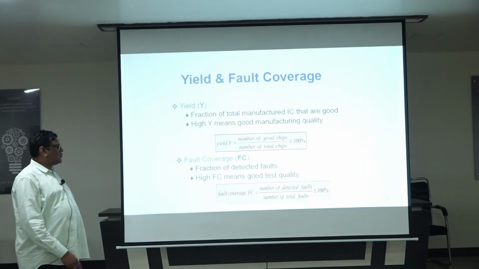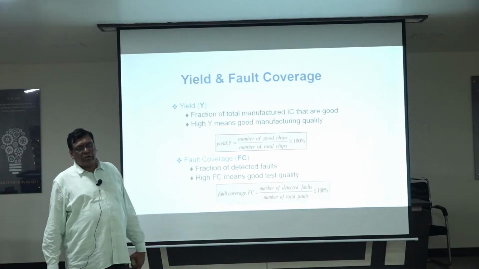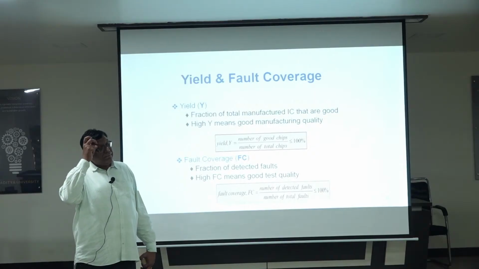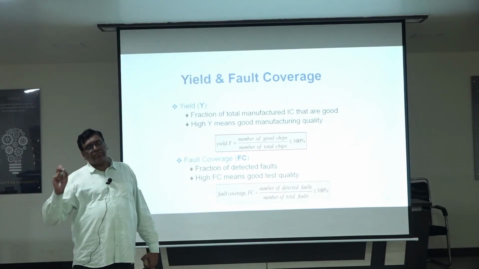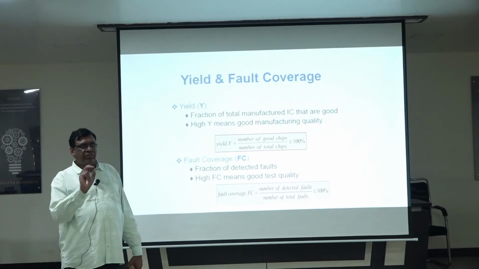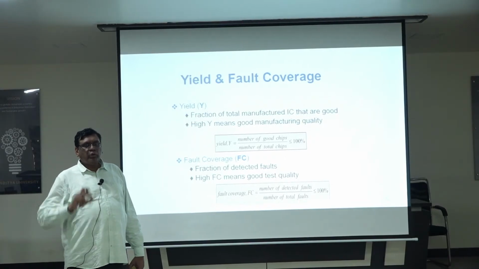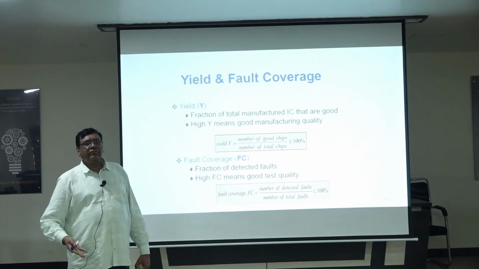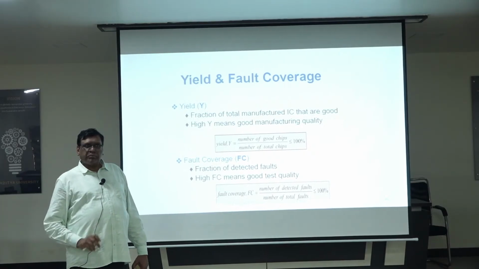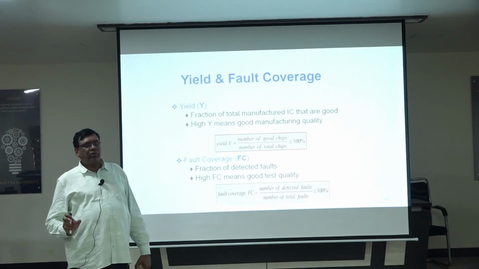Maybe you will come across what is a fault, what is the meaning of a fault. I will define a fault as a mathematical representation of one defect. Some defect is there in a design. Suppose two lines are shorted. How will we say it mathematically? Whatever is happening, we have to convert everything mathematically, no?